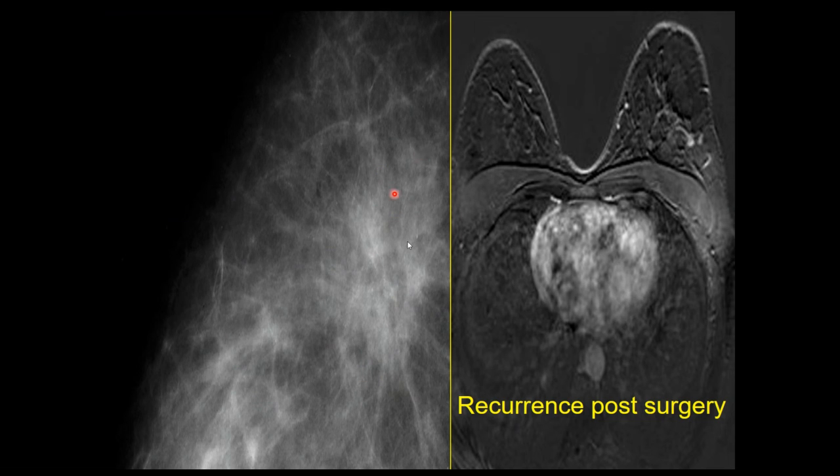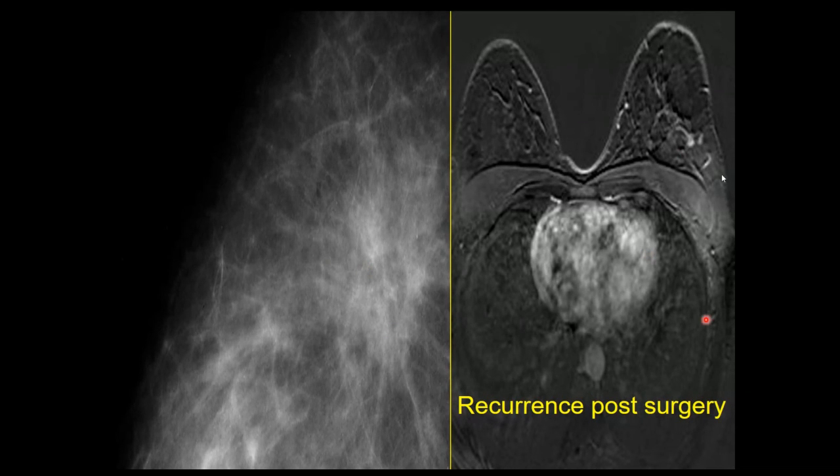It's difficult to assess whether this is fibrous tissue with a post-surgical change or some recurrence, because surgical changes will also appear the same, a soft mass with architectural distortion.